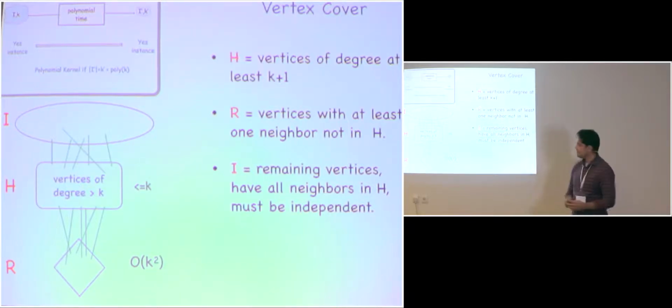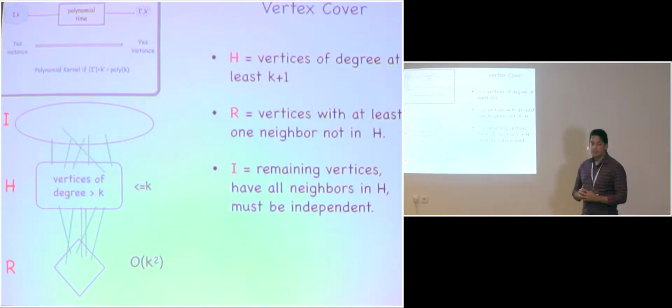And finally, what you did was you just threw out I, because what role were these vertices playing in your instance? If I tell you that H is going to be part of every vertex cover that I'm interested in, you could just throw out I. Modulo one small detail.